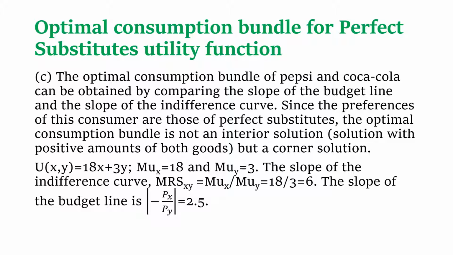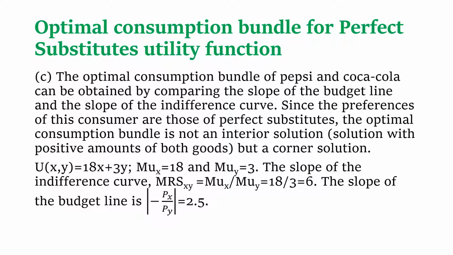Now we want to obtain the optimal consumption bundle of Pepsi and Coca-Cola. So as I said earlier, we can only do this if we know the slopes of the indifference curves as well as the budget line. If the slope of the budget line is less than the slope of the indifference curve, then the consumer is only going to consume X, and 0 of Y, right?